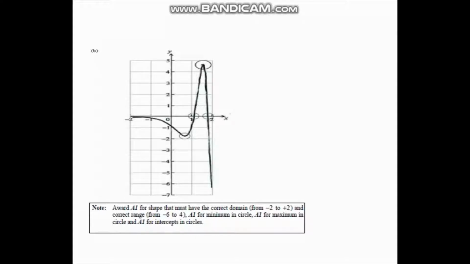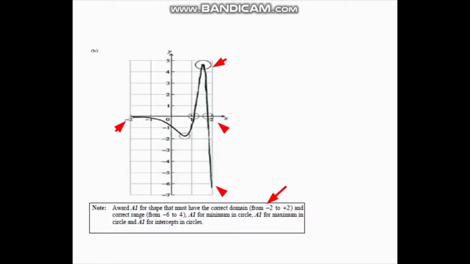So the marking scheme requires that we have the correct domain, obviously, and you are awarded 1 mark for that, your sketch extends from negative 2 to positive 2, and then also in the correct range, so your sketch is within the appropriate range, negative 6 to 4, and you should have obtained that from your sketch.